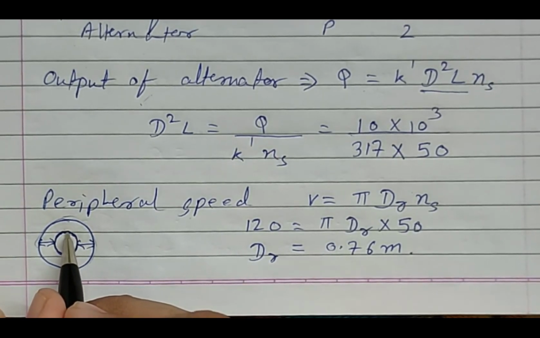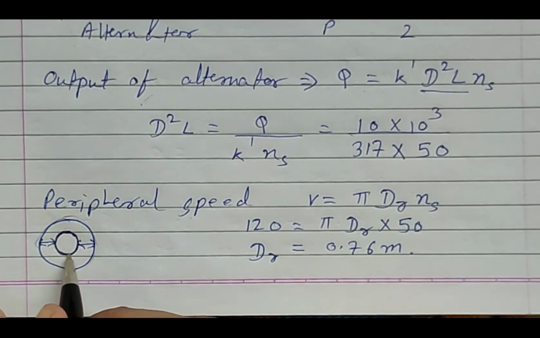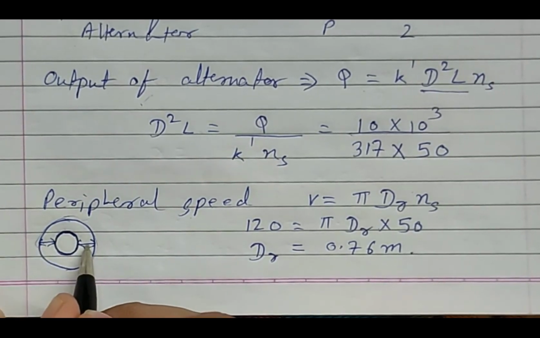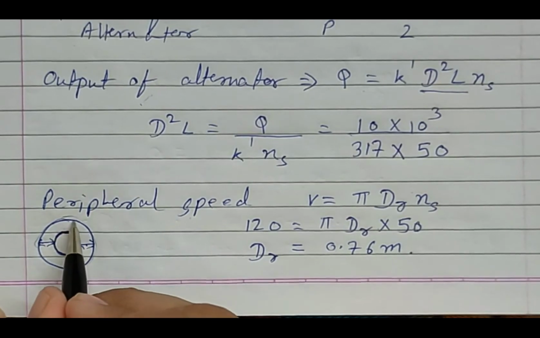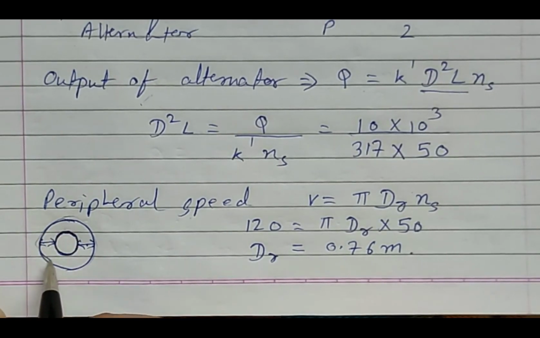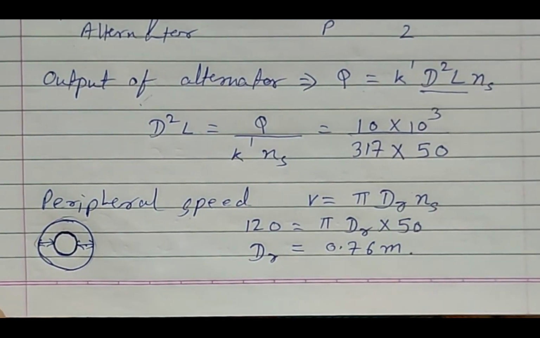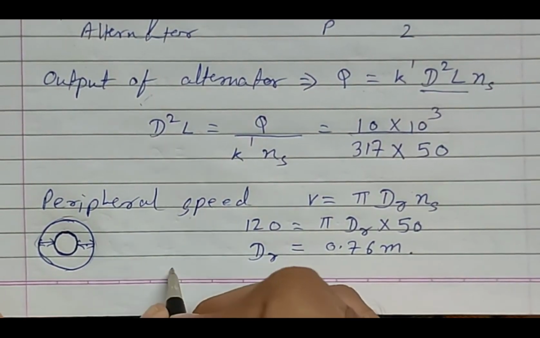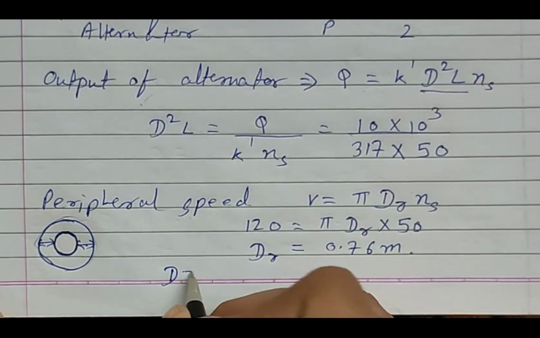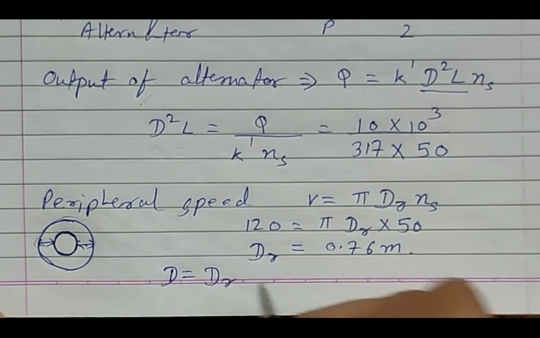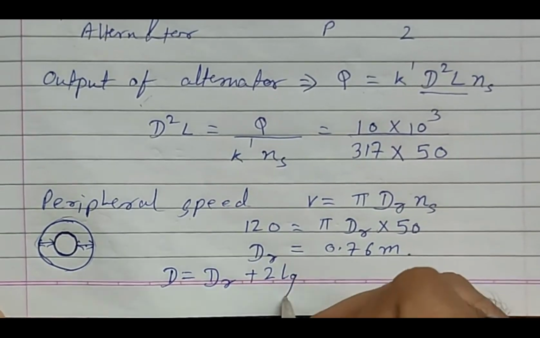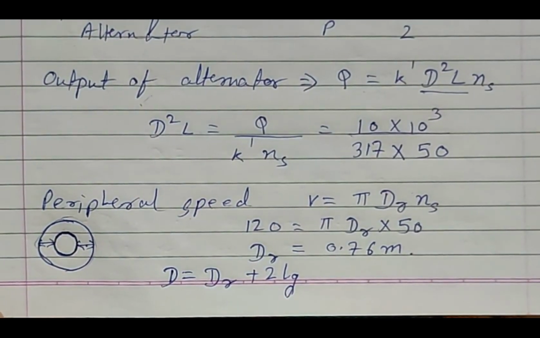Therefore the outer diameter of the rotor plus twice the air gap length would give me the inner diameter of the stator. So I can calculate my capital D, which is equal to Dr plus twice the air gap length, that is Lg.